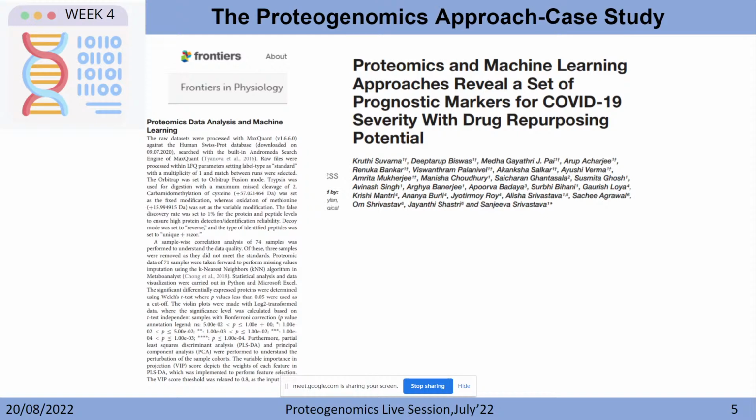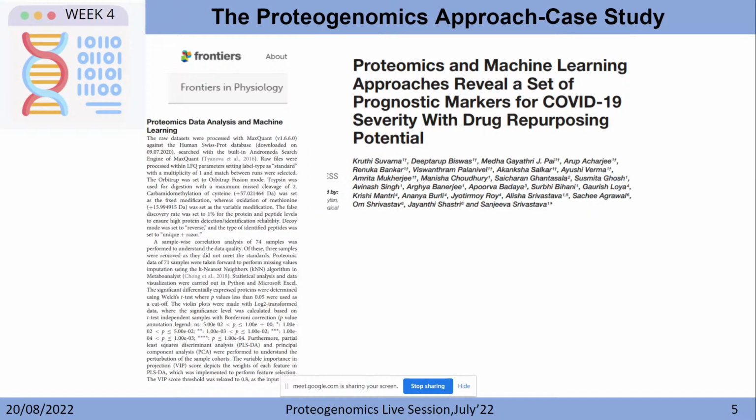It's still happening, though at a much lower rate, but there is still a need to understand which patients will develop severity and which will not. If we can predict those patients who are going to be severe in coming days, they can be given special care and hospital treatment well ahead of time. So here proteomics can reveal prognostic markers which can help in understanding disease severity.